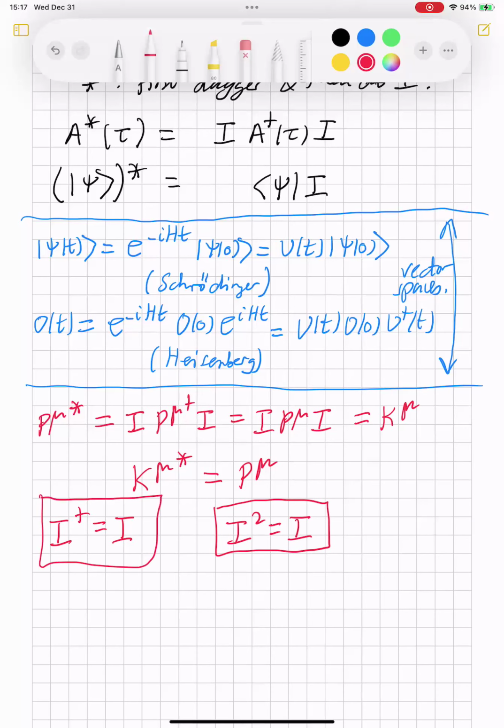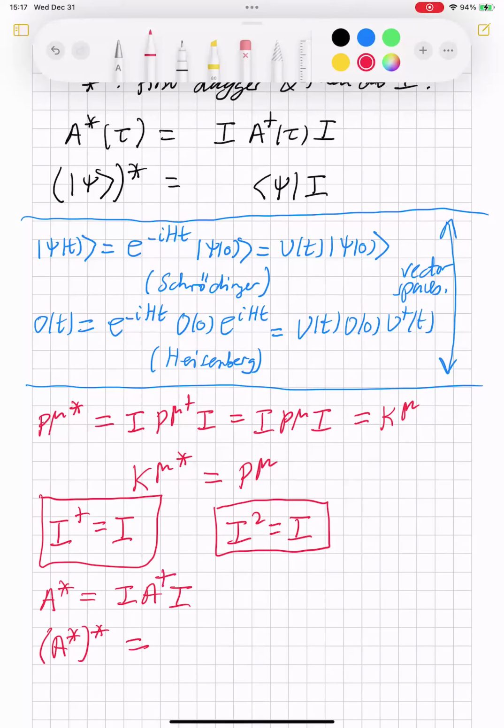So let me show you one place where we would use them. Well, we know that A star is equal to I A dagger I. Now let's work out what is A star star. So what should I do?